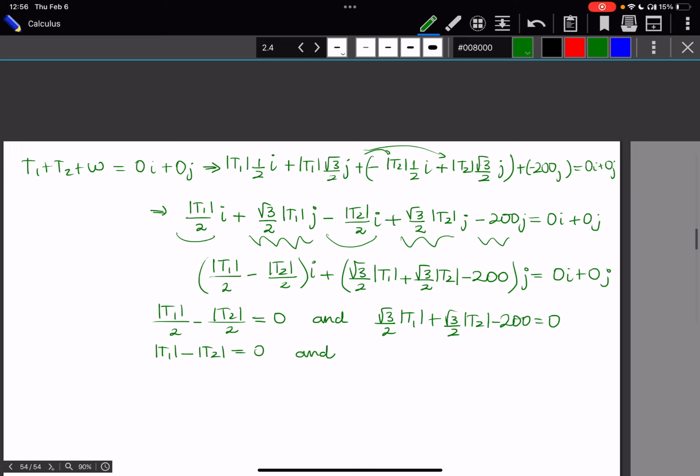And in a very similar way, we can multiply everybody here by 2 over root of 3. The 2 will get rid of the half, and the root of 3 will get rid of this root of 3. So we end up with T1 plus T2, multiplying everybody by 2 over root of 3. So 200 gets multiplied by 2 over root of 3, and they should be 0.